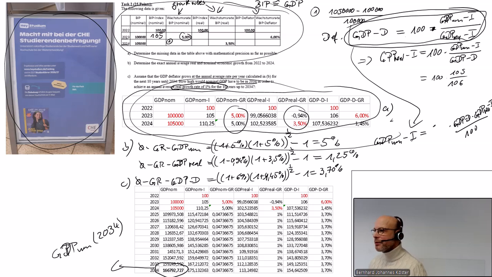Everybody gets, you will see how I make it individual. Everybody gets a different country, of course. Then you have to do different things because you have different data, and also every other task will be individualized.